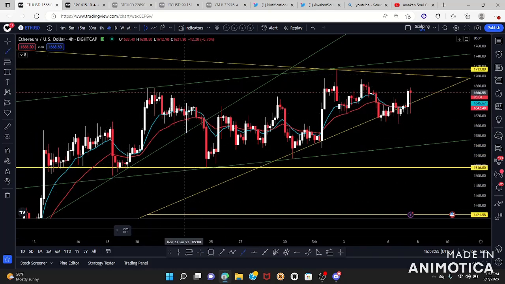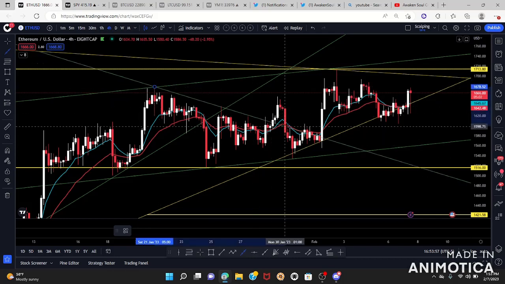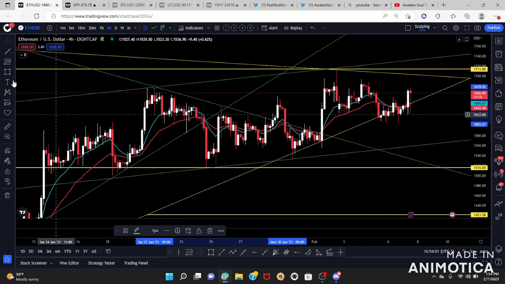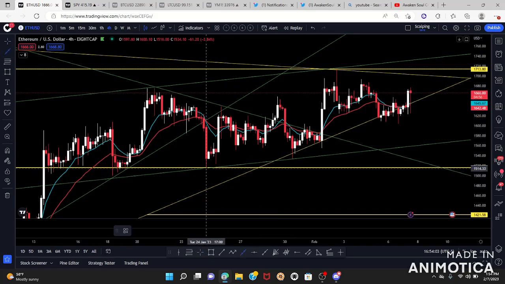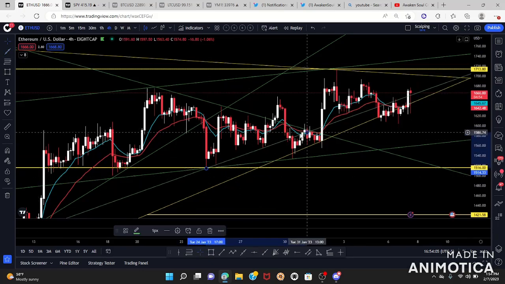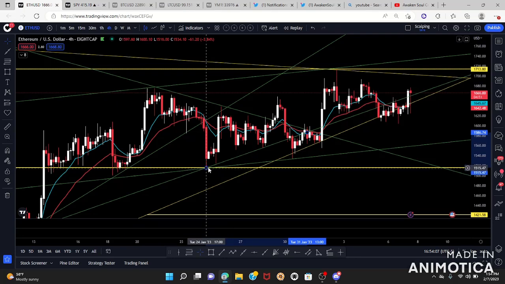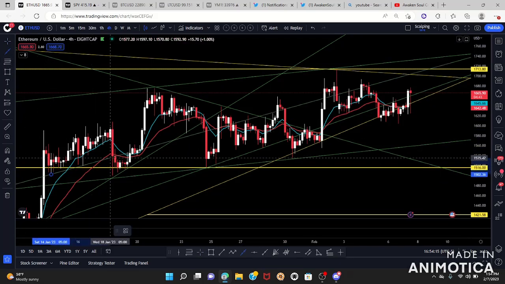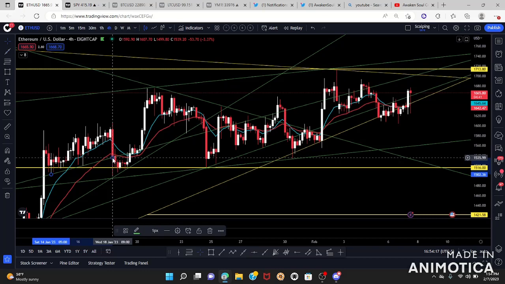Then it came down. 1 touch, 2 touch, comes down. Now you're going up, right? Remember, everything is a flow. So it's important for you to understand that, and you have to trade it with the flow.